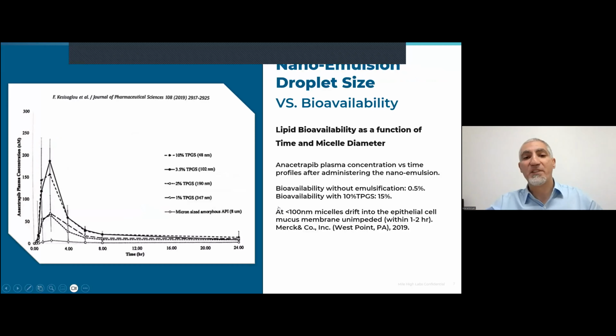So right now, let's discuss the nanoemulsion droplet size or micelle size versus bioavailability. How does it help us to decrease the particle size in terms of the absorption in the body? So until 2018, people haven't been able to do much in vivo or in vitro studies on phytocannabinoids, because CBD, for example, until 2018 was considered a Schedule 1 controlled substance.